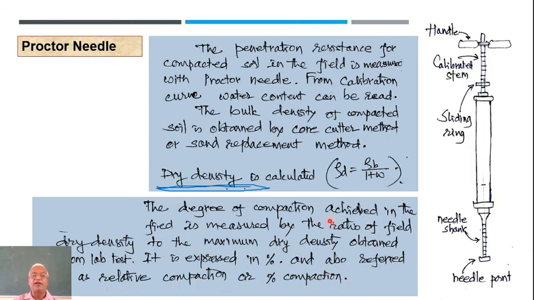This we have done in the last session. So that has to be found out. If it is within the limit of specification, well and good. Otherwise, the contractor is asked to do more passes of the roller or redo the work in some cases.